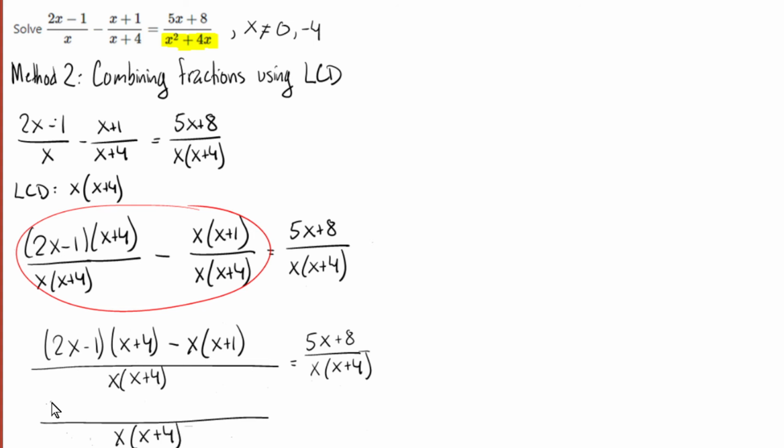FOIL, so it's going to be 2x squared plus 8x minus x minus 4. Distributive property, negative x squared, not plus, negative x. That's the left-hand side. Right-hand side stays the same for now.